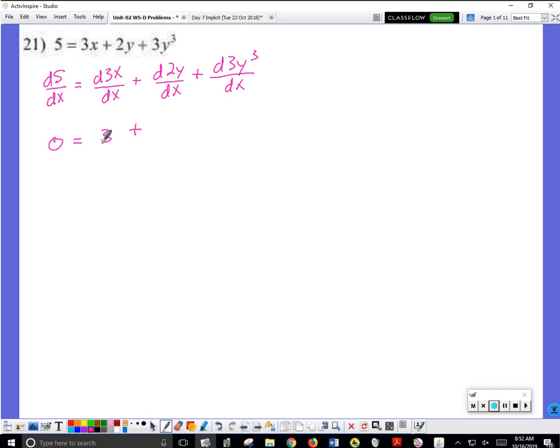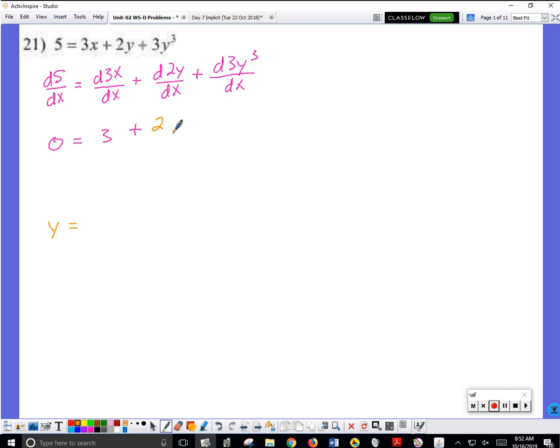Pretty comfortable? Okay, what's different today is, because the equation we start with doesn't have y alone on the left, we don't start with y equals, we end up with this different situation. I pull out the 2, and I'm left with dy dx. dy dx is not equal to 1.